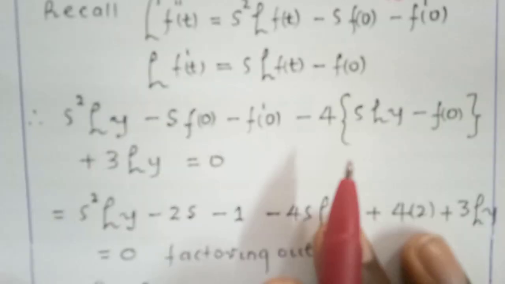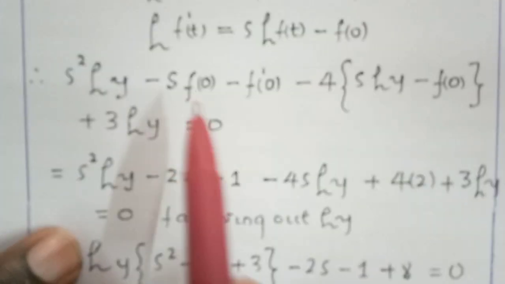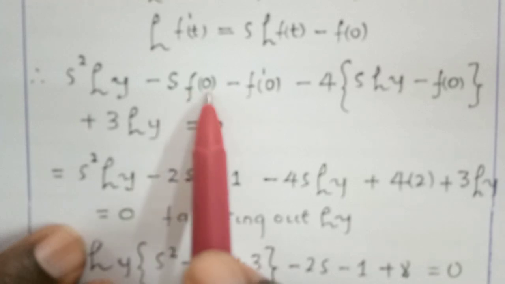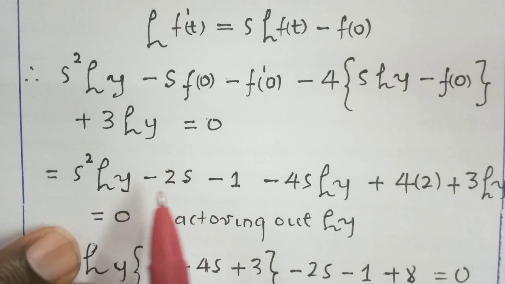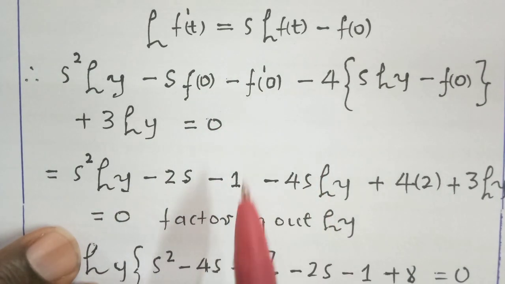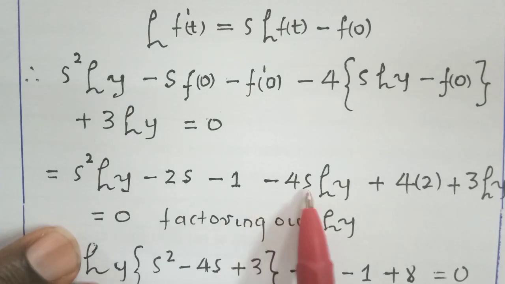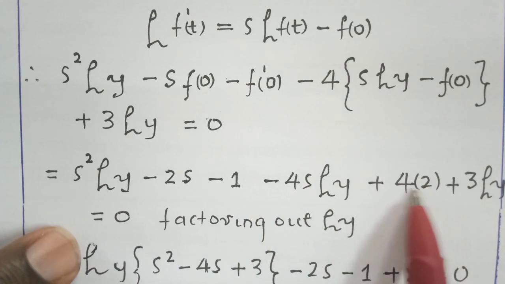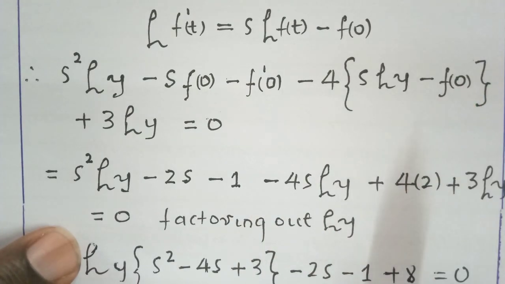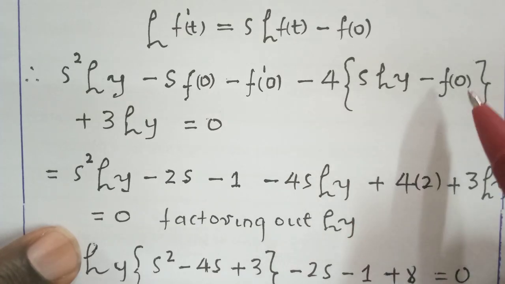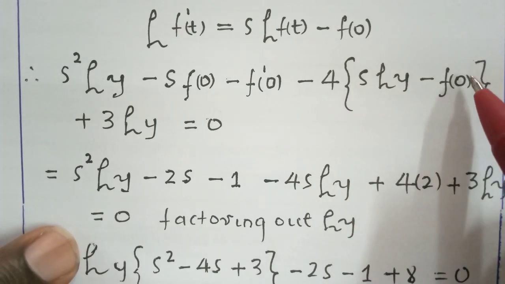And so from there, guys, we come and replace what I have already said. We replace this f(0) with 2. We replace this one with 1. Minus 4, this one we replace with 2. This is actually supposed to be 2.